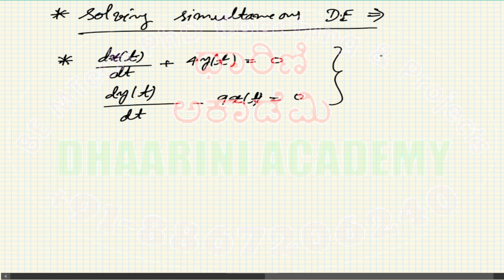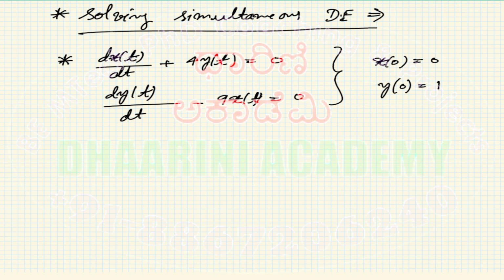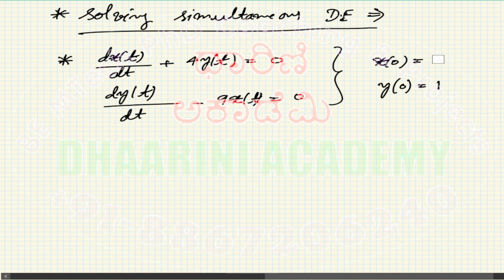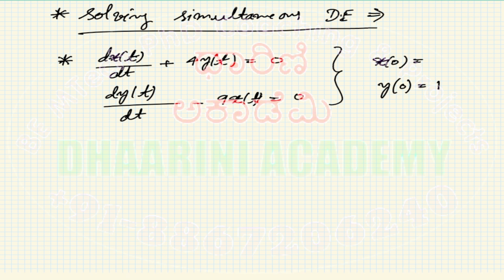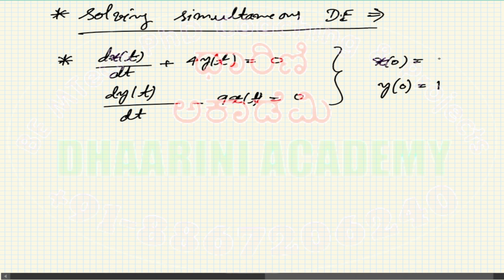We will have the initial conditions: x of 0 is 0, y of 0 is 1. Let me modify this. Let's make x of 0 equal to 2. Solve the simultaneous differential equations.